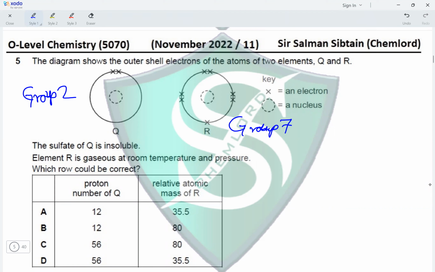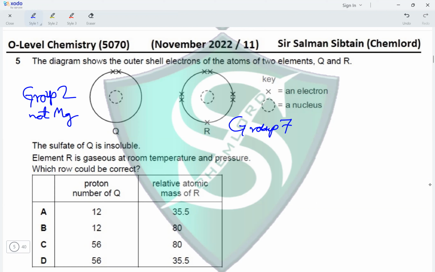Okay, the sulfate of Q is insoluble. Okay, group 2 sulfates that are insoluble. The only soluble sulfate in group 2 is magnesium sulfate. So this cannot be magnesium.